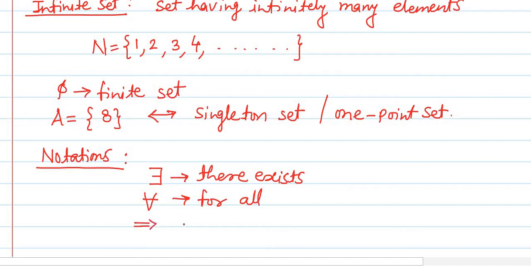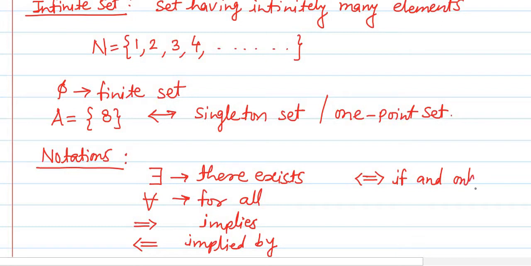To denote the implication, we use this notation. Next one, to denote implied by, we use this notation. Next one, we use this notation to denote if and only if, which is also for implies and implied by, means for the double implication.